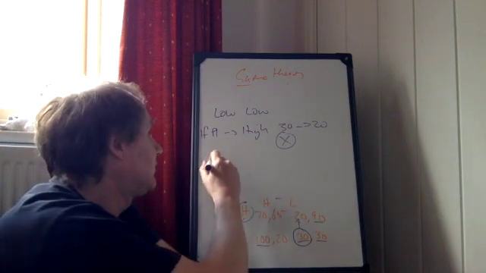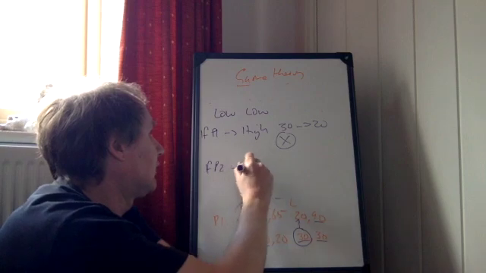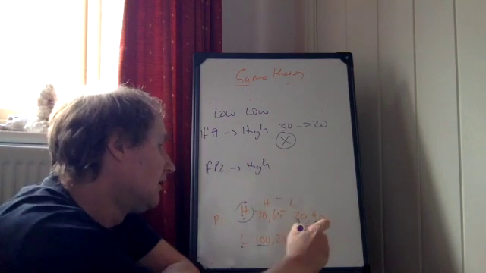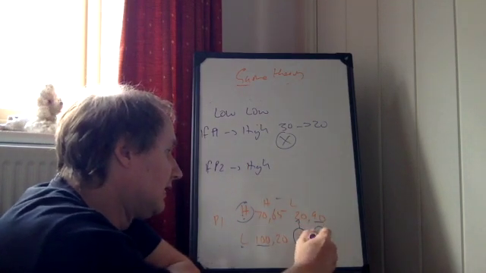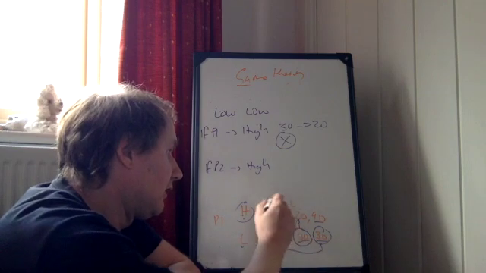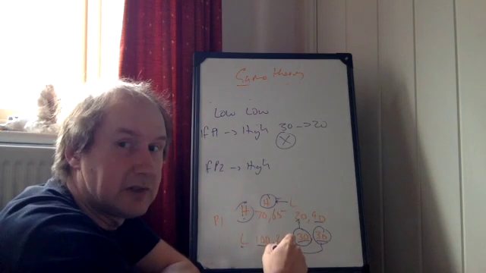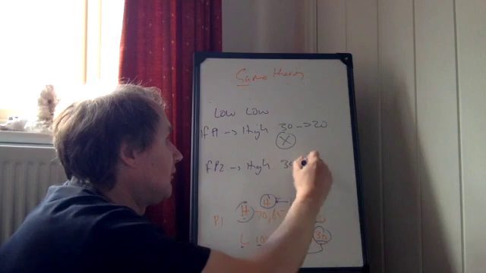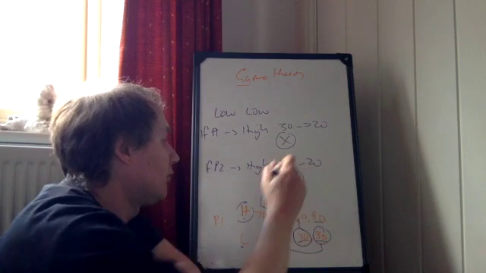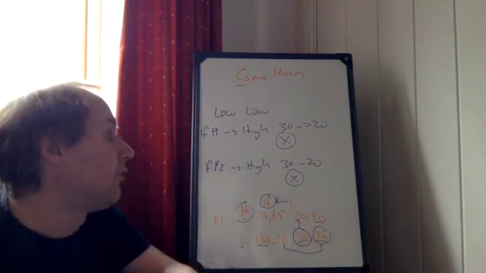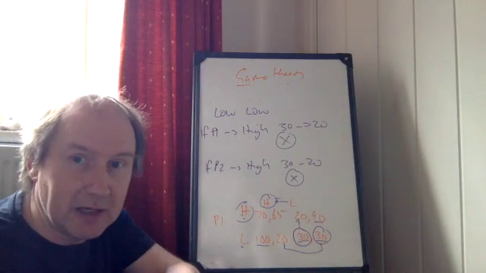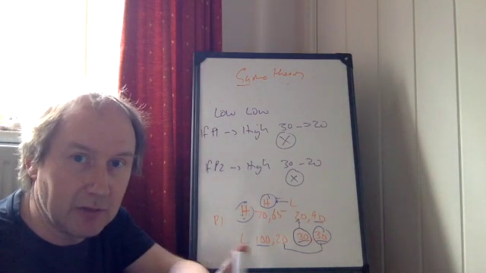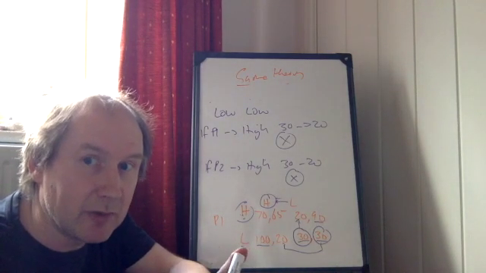Let's now look at what happens if player 2 suddenly decides that they want to go high. Currently player 2 has 30. If they suddenly go high, there's the player 2 strategies there, then again they go from 30 to 20, so they wouldn't want to do that. And therefore that's the Nash equilibrium. Neither of the players wants to change by themselves, and that's what a Nash equilibrium is.